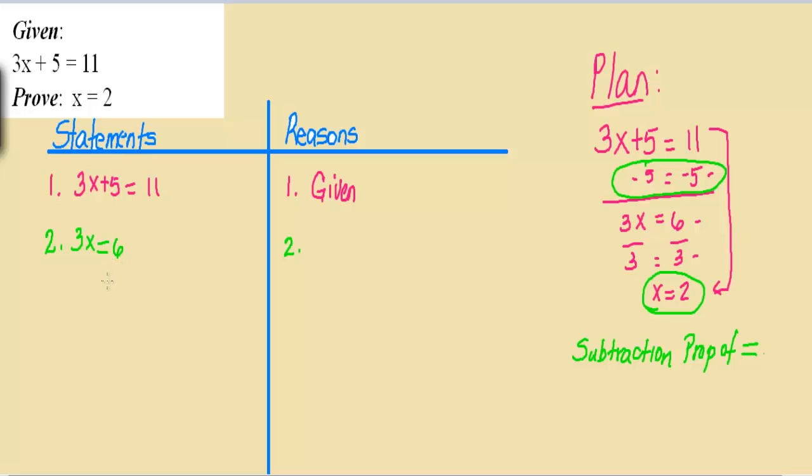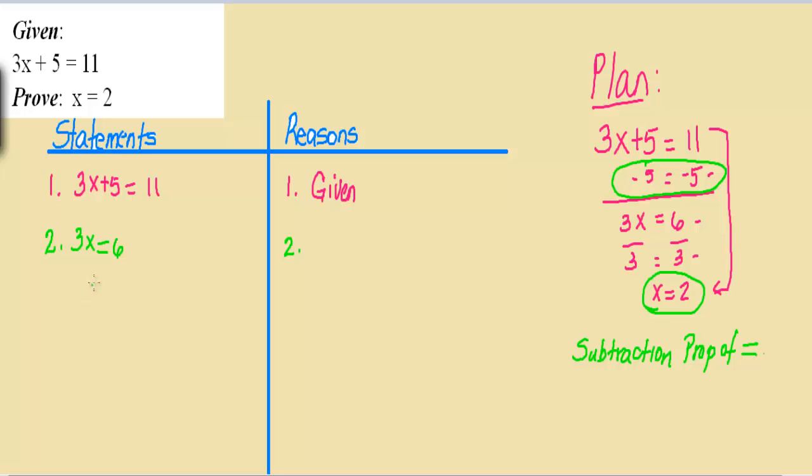And you're going to say, oh, I subtracted 5 from each side. But wait a minute, who said you can subtract 5 from each side? The subtraction property of equality says that if I subtract the same number from both sides, I will still have an equivalent equation. And then they can say, how do you know 5 is equal to 5?